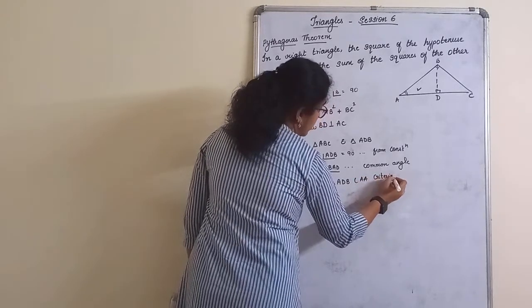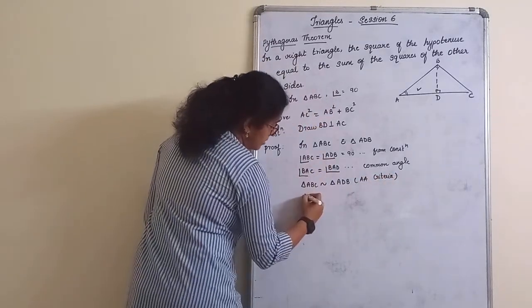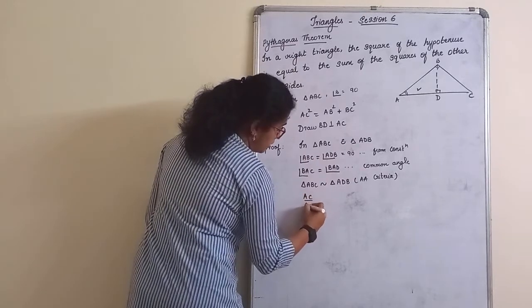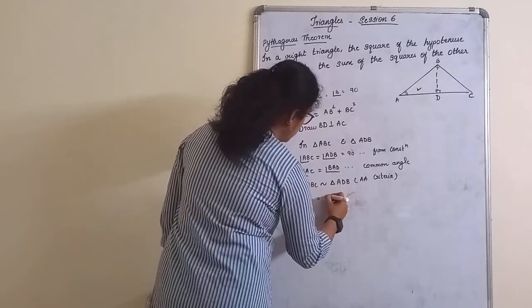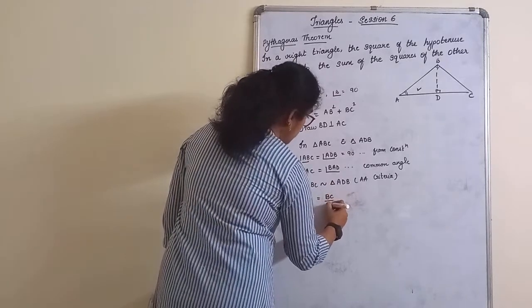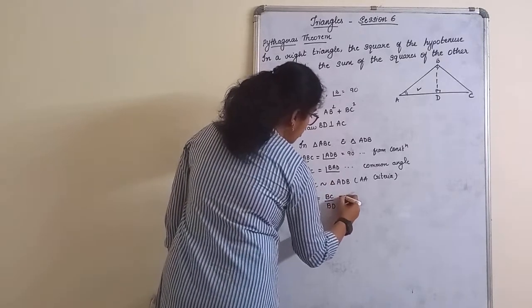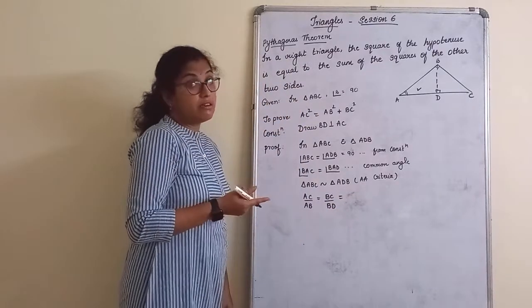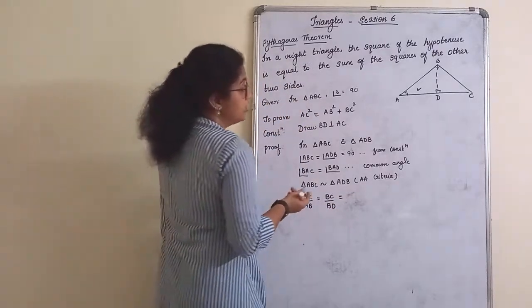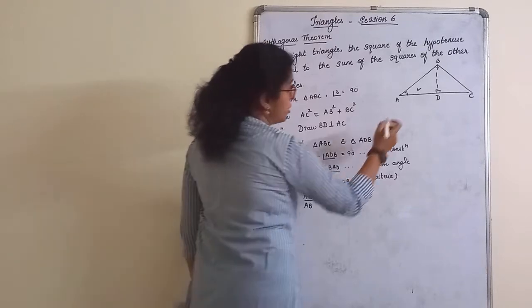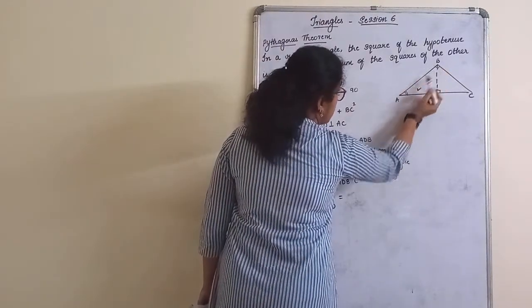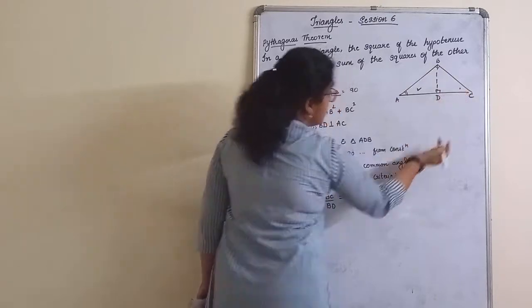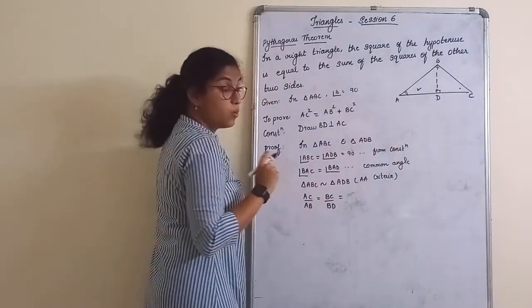From this, can I write the proportional sides? So AC upon AB is equal to BC upon BD. I would also like to write the third ratio. What could be the third side, children? In the whole triangle, with respect to C, what is the side?